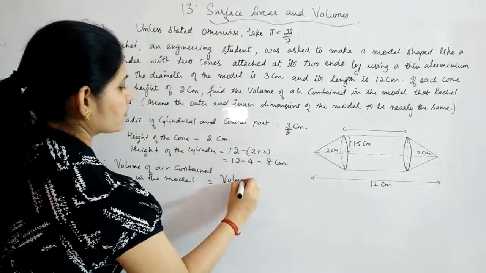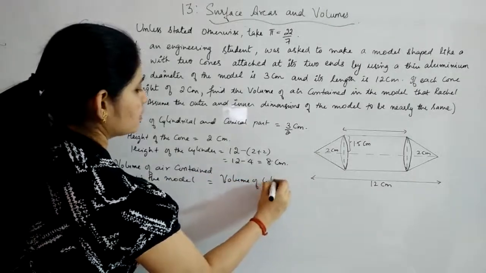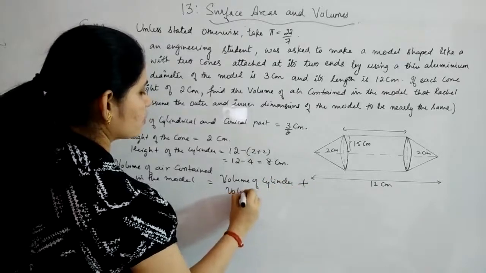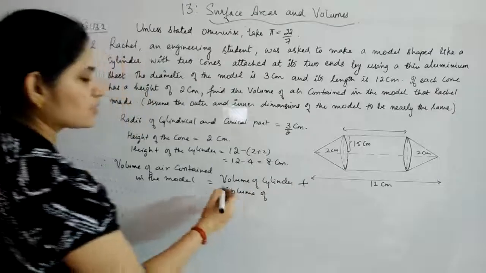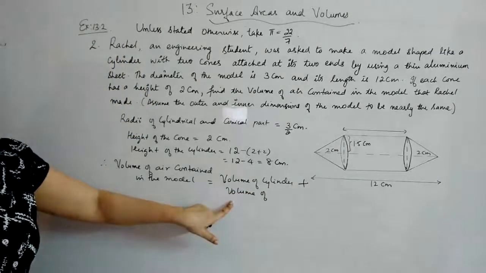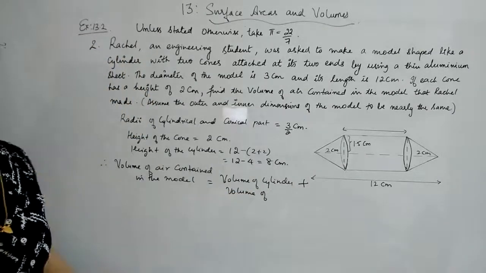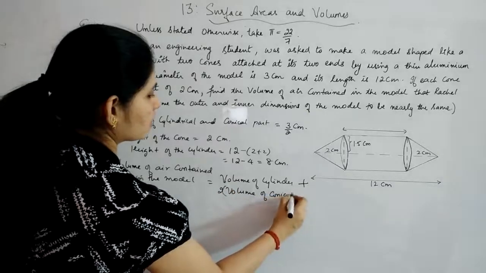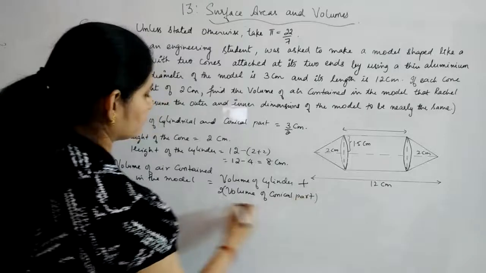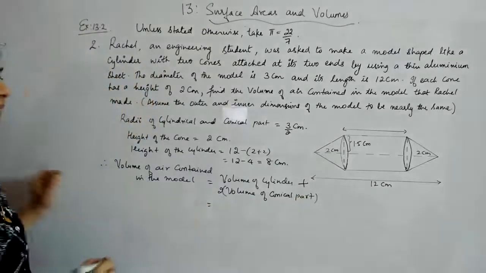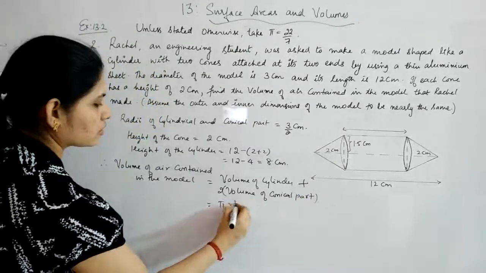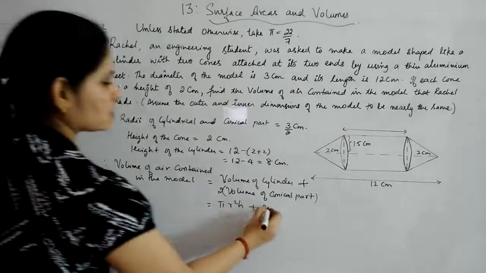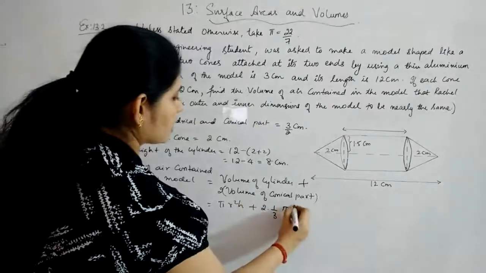Volume of the cylinder plus, you can say either 2 times the volume of one conical part or the volume of two conical parts. Okay, plus 2 times the volume of conical part. What is the volume of cylinder? Pi r square h plus 2 times, what is the volume of conical part? It is 1 by 3 pi r square h.